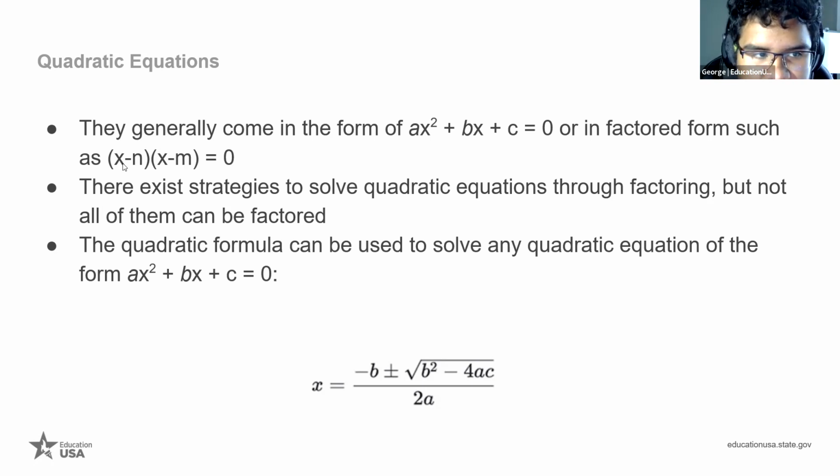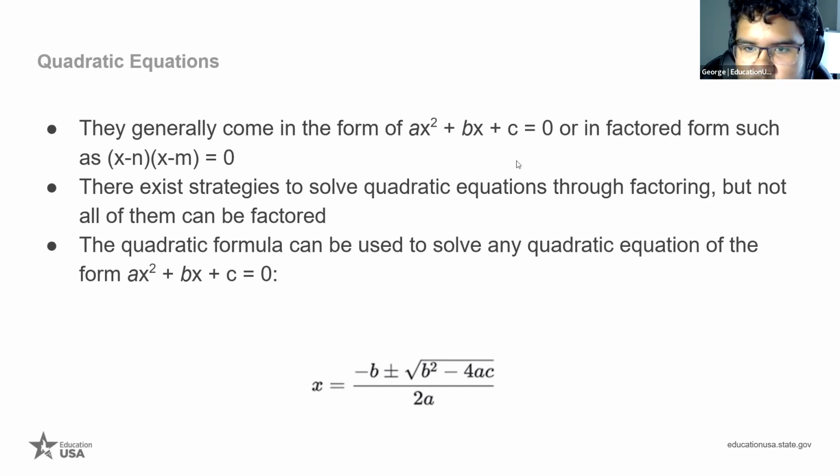Because if x is n, the first expression in the parentheses is 0, and 0 times anything is 0, so that's one solution. And if it were m, the same thing happens. The expression on the right becomes 0, and whatever this is times 0 will always be 0. So those are the two solutions to the quadratic equation.